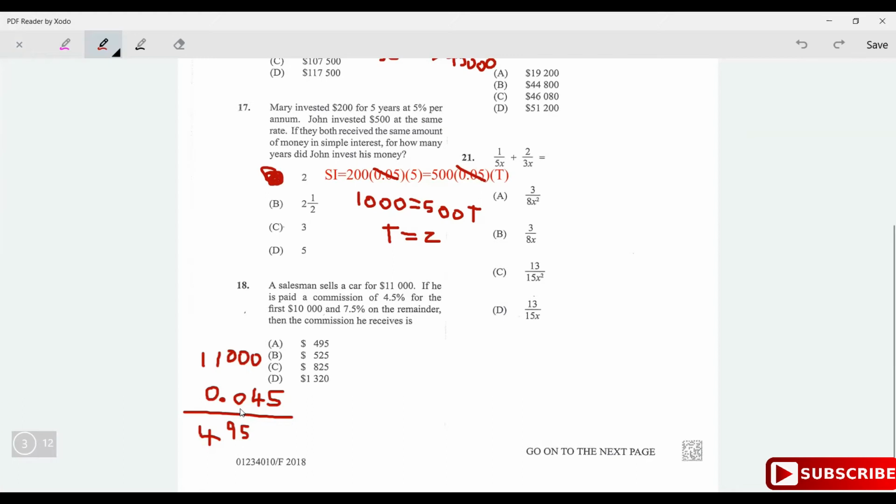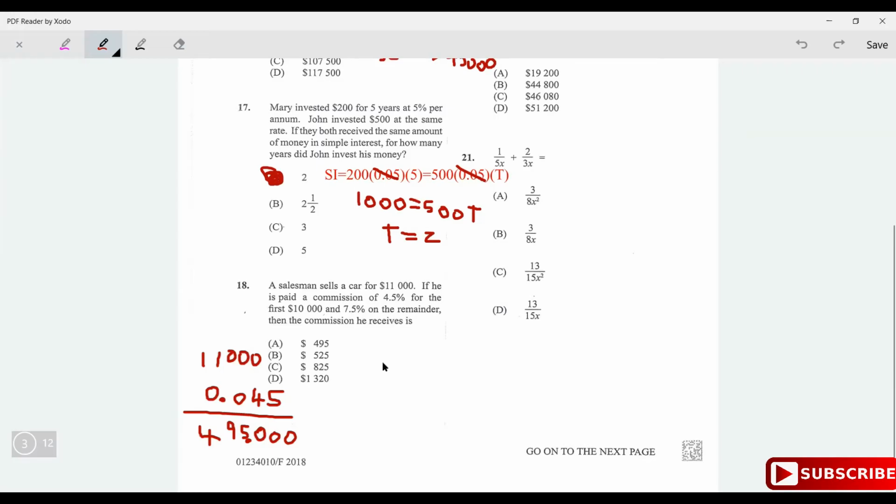All right, and remember, this time this is 0. And I should put 3 zeros, right? So that's 495, because I'm going to put 3 zeros, but it should also have 3 decimal places. So that's 495. So that's the amount that he made from the first 10,000.